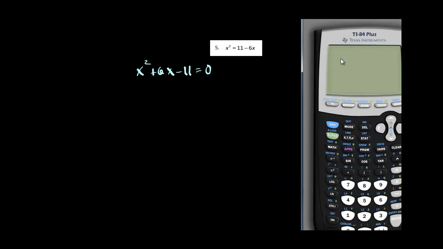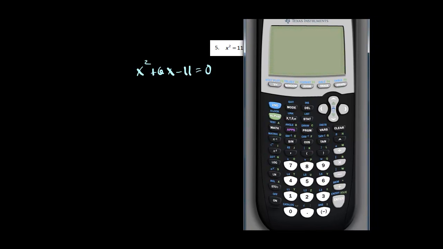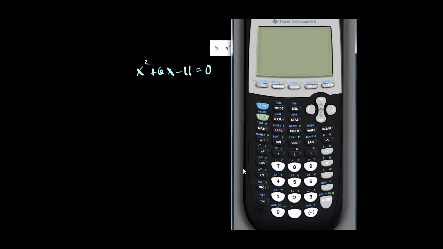Alright, get this calculator out here. So let's turn it on. Y equals, we'll do x squared plus 6x minus 11. You can graph it.